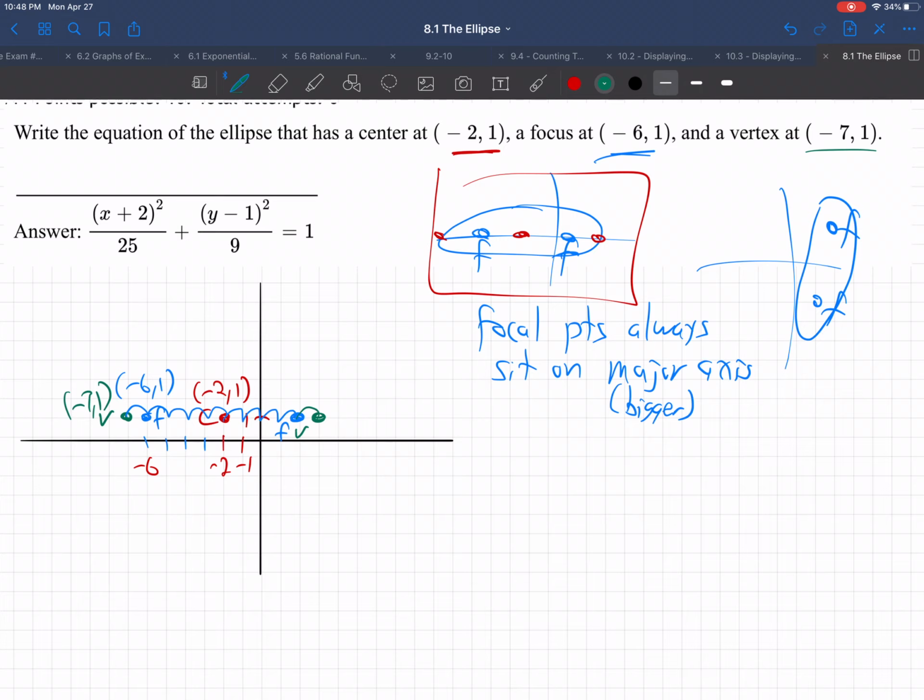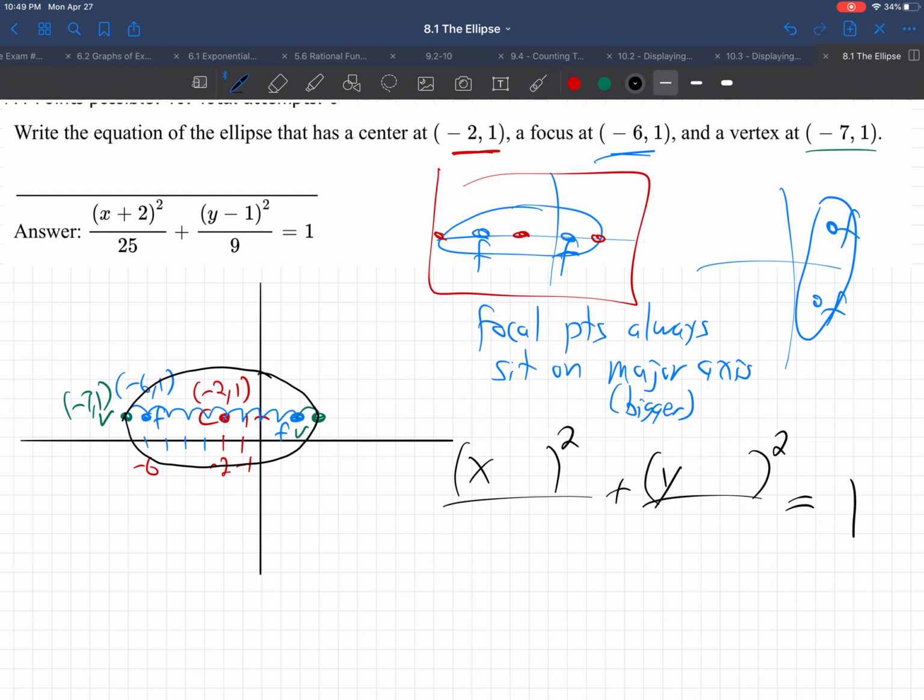So that means generally this ellipse looks like this. I don't really know how tall it is right now, but I just want to draw something so I can take a good look at it. So there's what I know so far. Now we know that the equation is x and y, these are squared.